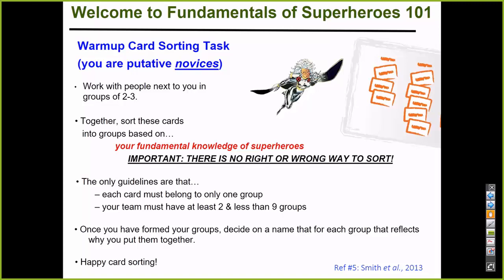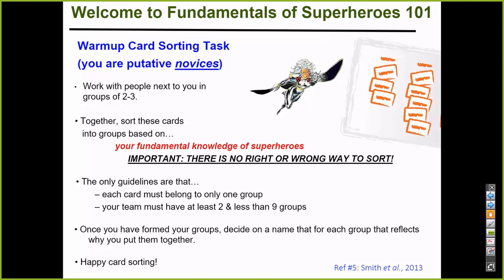The first is one where you're the novice, although I generally find there's always one or two experts, even for superheroes. I just wanted to do this to give you a feel for how this works. You can work in groups. There should be enough cards, and if you really want to work alone, you can. But get together in groups, and here's the task.